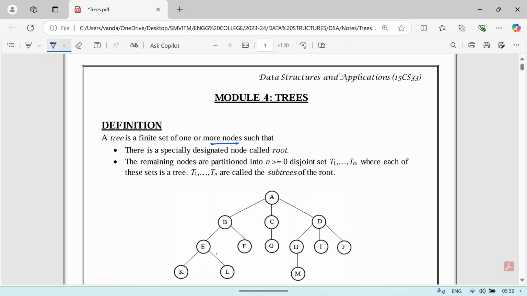See here. Now let us look at the definition. A tree is a finite set of one or more nodes. So it can have at least one node and more than one node. Okay. And there is a specially designated node called the root. That means your main node is called the root node. This is your root node.